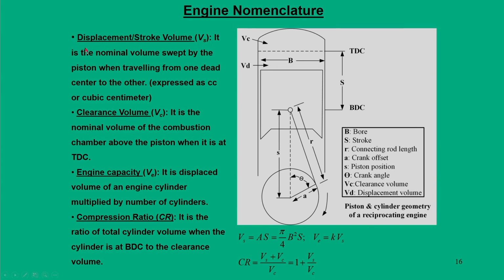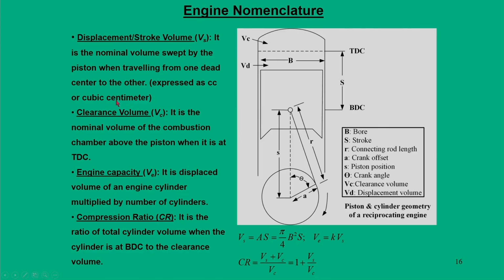The displacement or stroke volume is defined as the nominal volume swept by the piston when it travels from one dead center to the other dead center. Typically most engine cylinders are specified in the form of cc, 100 cc, 1000 cc, 800 cc. Here cc means cubic centimeters. All these numbers we call the stroke volume.